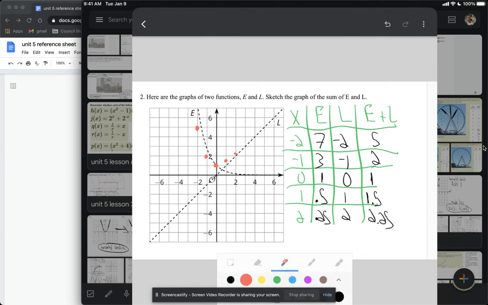And if I connect those dots, it's going to look some curve like this. And that is all we have to do for number 2, is to sketch that graph.